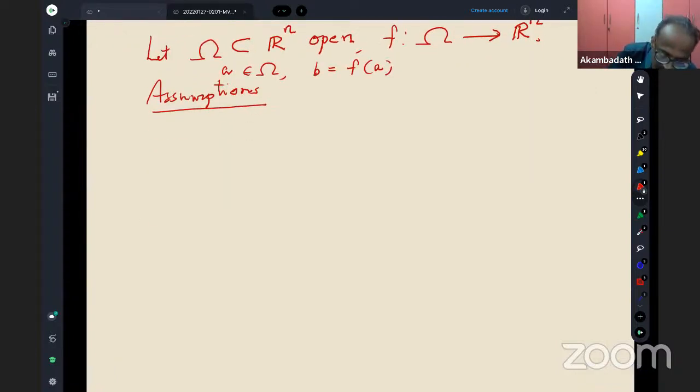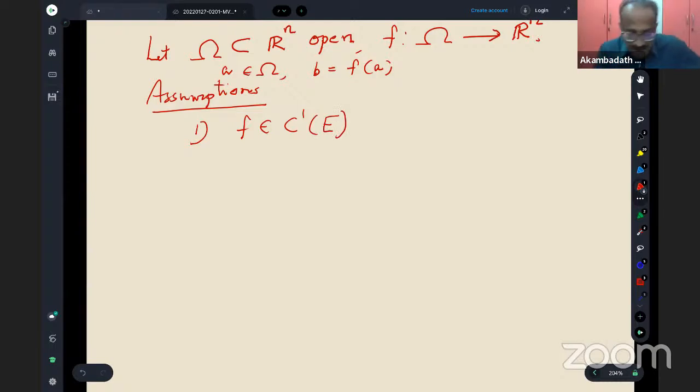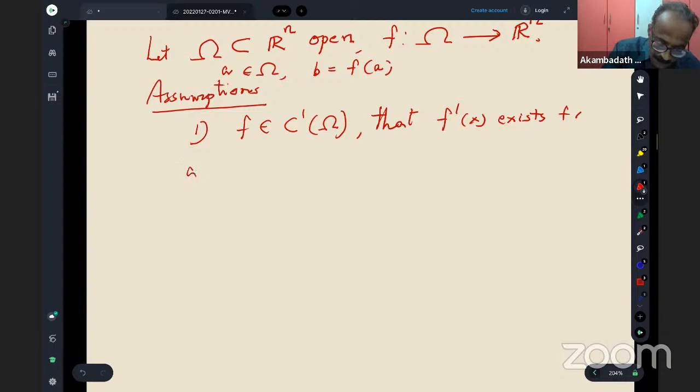So the first assumption is f is C1 on omega. I will explain this a little bit. That is, f prime of x exists for all x in omega.